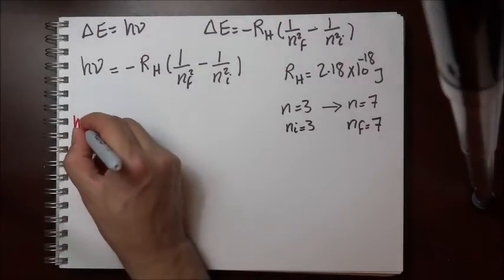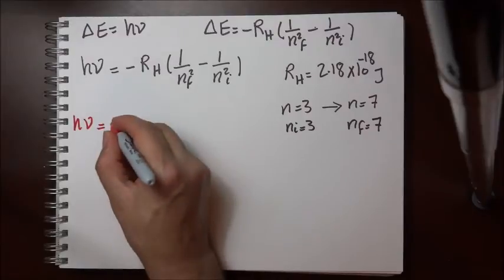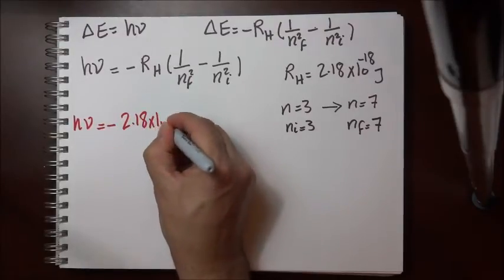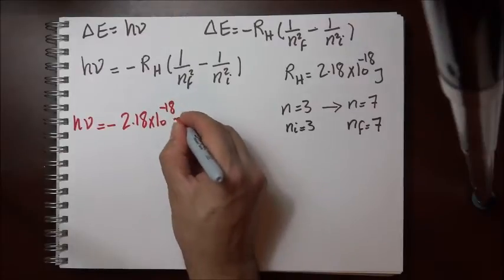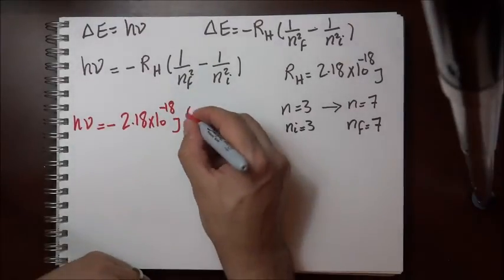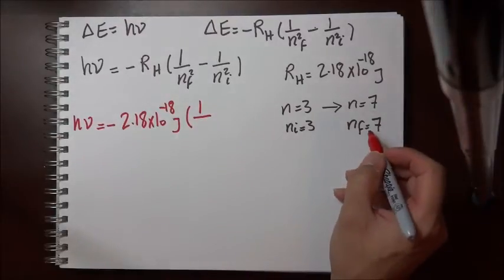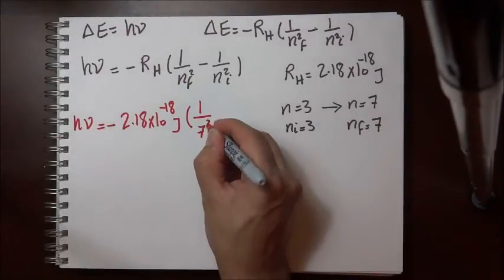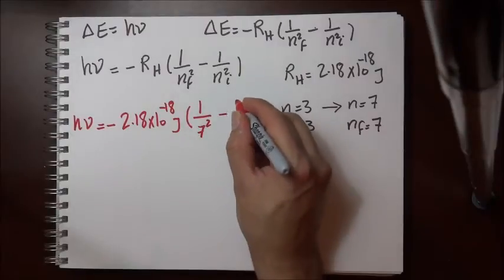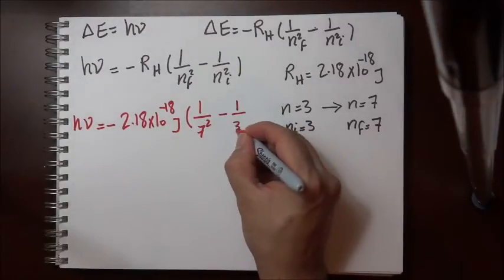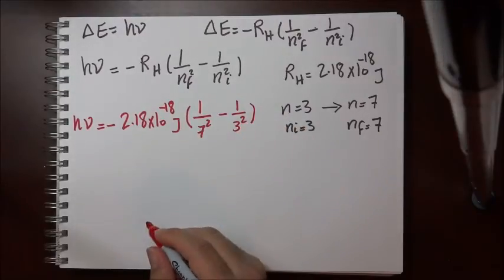So h nu will be minus 2.18 multiplied 10 to the minus 18 joule multiply 1 over final n is 7, it will be square of 7, minus 1 over initial n is 3, so it will be square of 3.